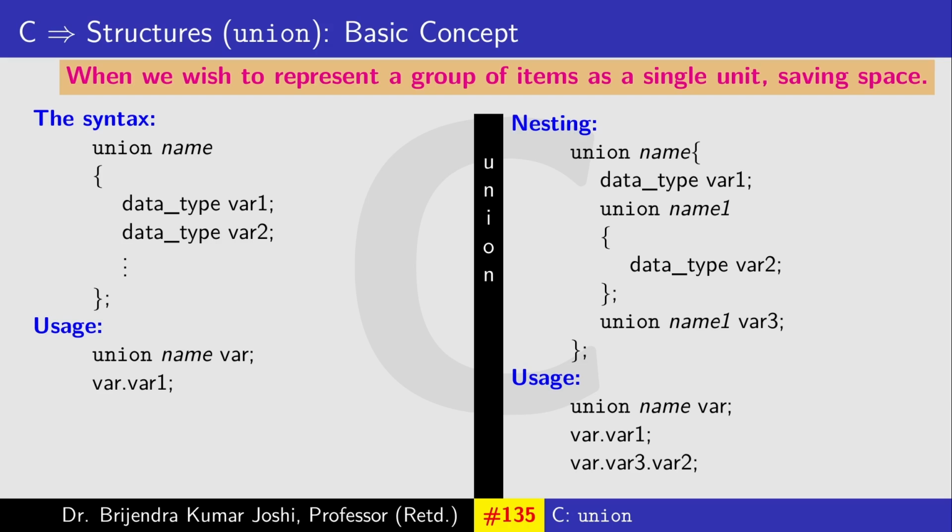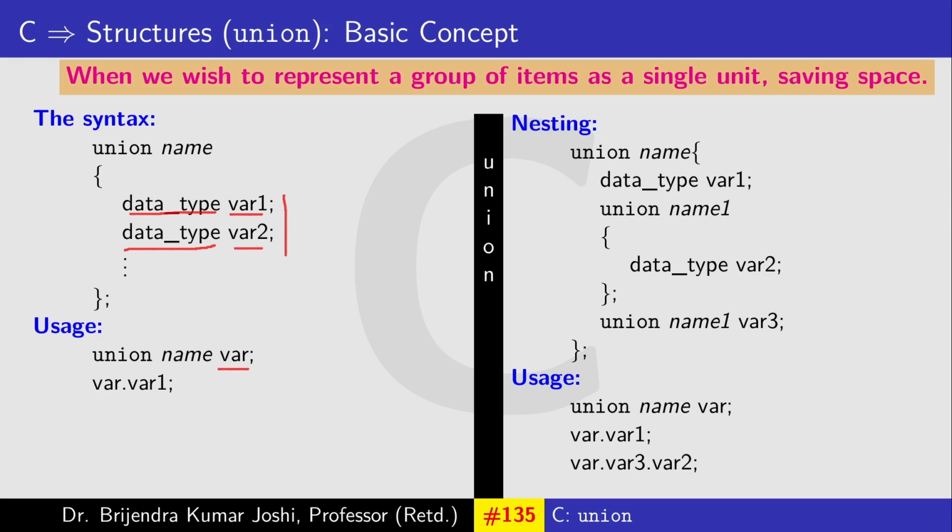But if one is of a data type like int, and the size of int is 4 bytes, and the other is a character, whose size is 1 byte, then the total space occupied by this structure variable would be 5 bytes, 4 bytes for the integer and 1 byte for the character. Whereas in the case of a union of the same data types, int for var1 and character for var2, it will occupy a total amount of space equivalent to 4 bytes only.